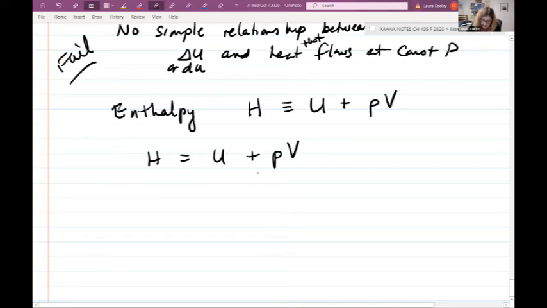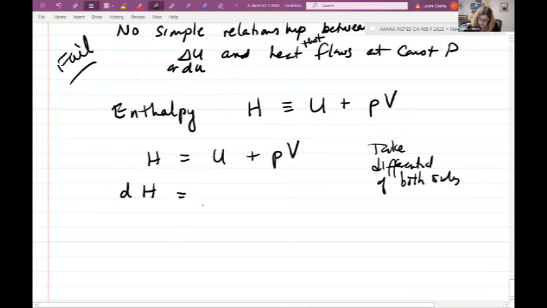So if you start with this definition, and then you take the differential, and this happens all the time. Instead of taking a derivative, it's very similar, but we look at the change in each side. We take the differential of both sides. So H becomes dH, U becomes dU. Now what about PV?